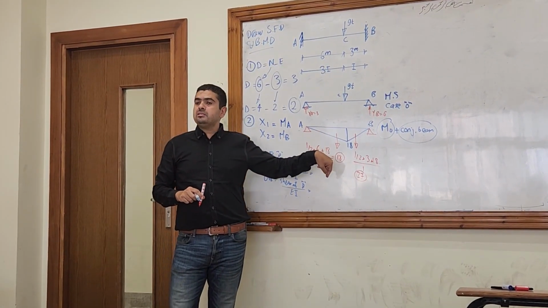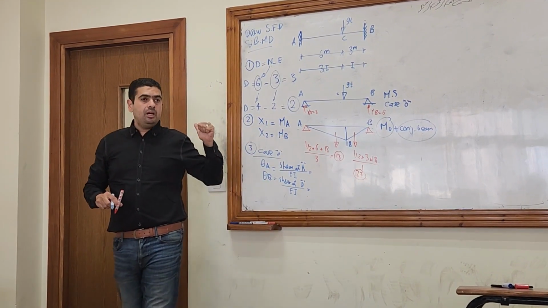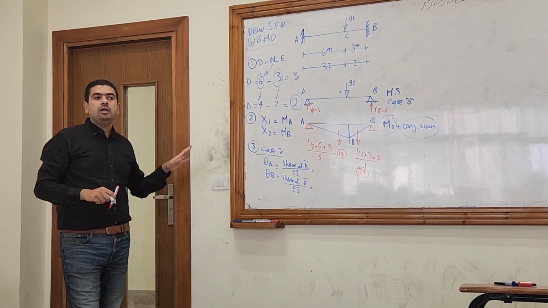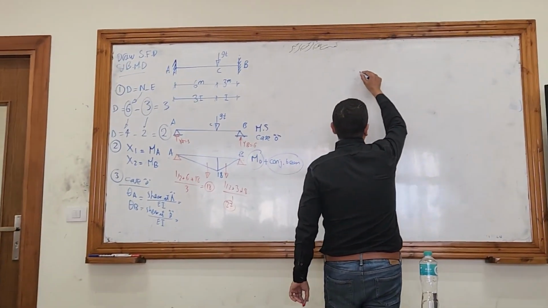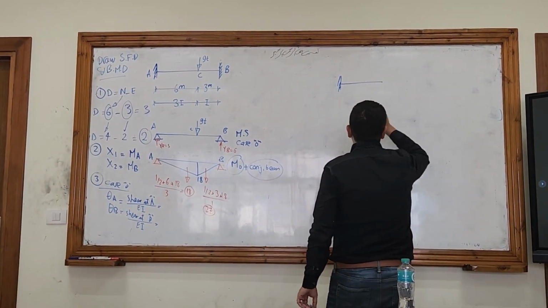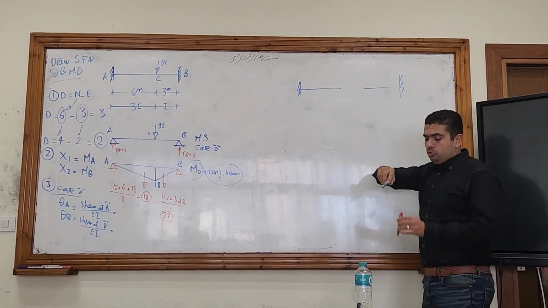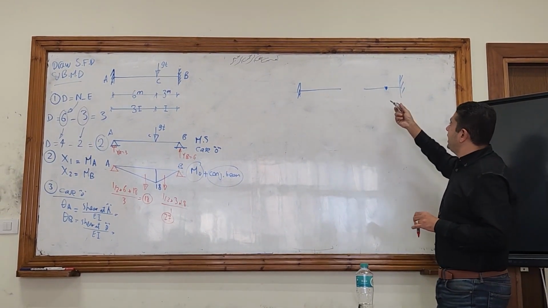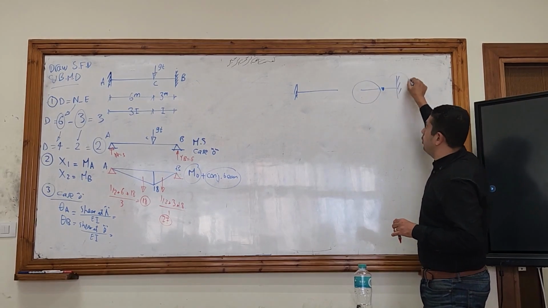Why in this case do I have to calculate the reaction of the conjugate beam, and in the last case I didn't? In the last case, the main beam was fixed free. So the conjugate was free fixed, and I was going to calculate a displacement at this point, so I can calculate the moment either from the left or from the right.